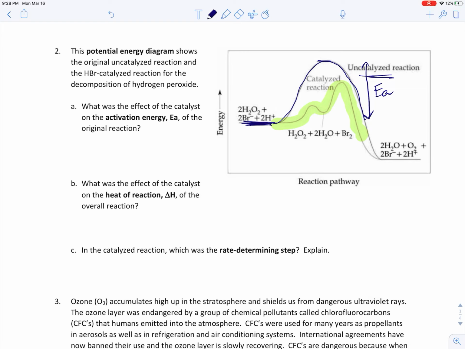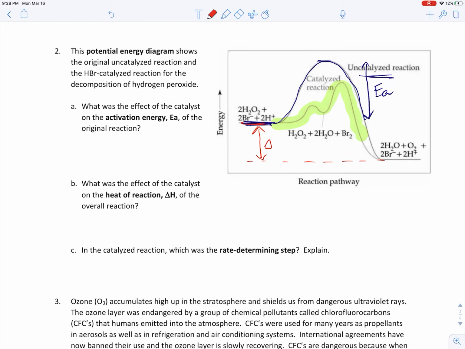What about the effect of the catalyst in part B on the heat of reaction, delta H? Well, if we look at the diagram, the delta H, the heat of reaction, is the difference in energy between the reactant particles and the final product particles, which are over here. Notice in the original uncatalyzed reaction, those energies are the same as the energies in the catalyzed reaction.